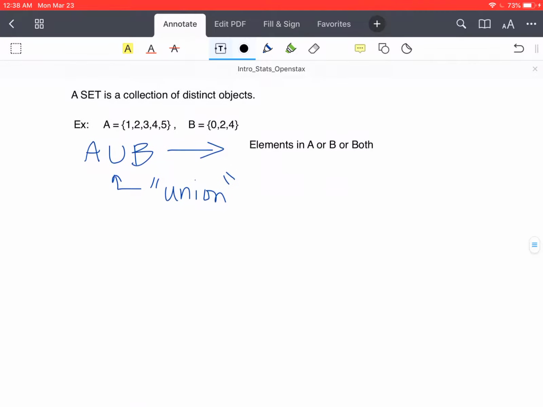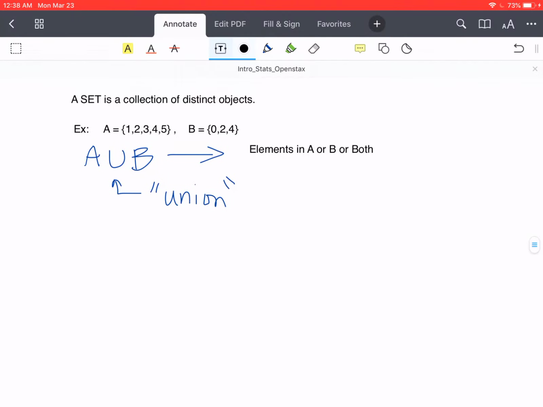When I say the union of two sets, I'm talking about A or B or anything in either of them. All of that is included within the union.